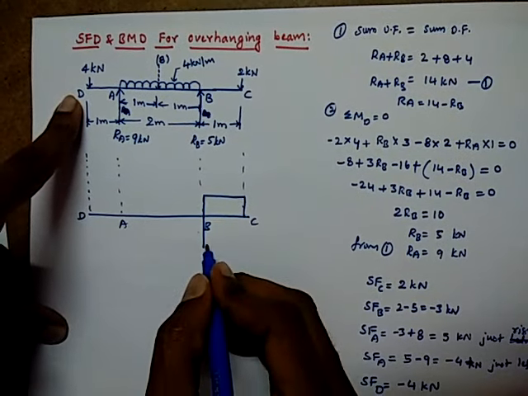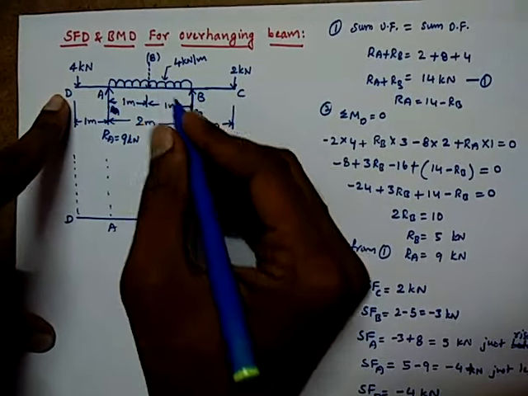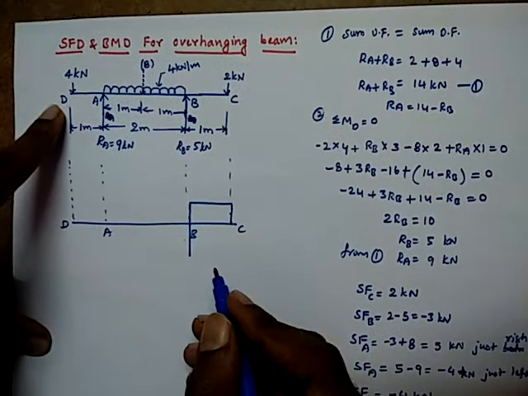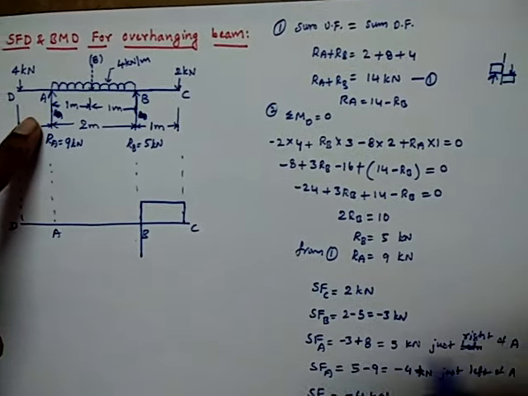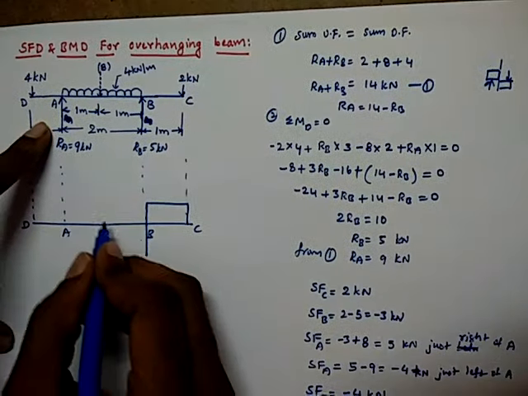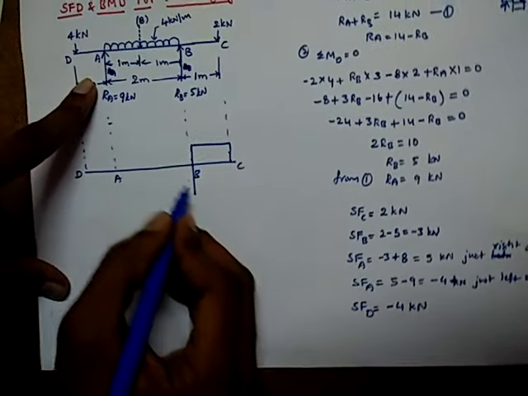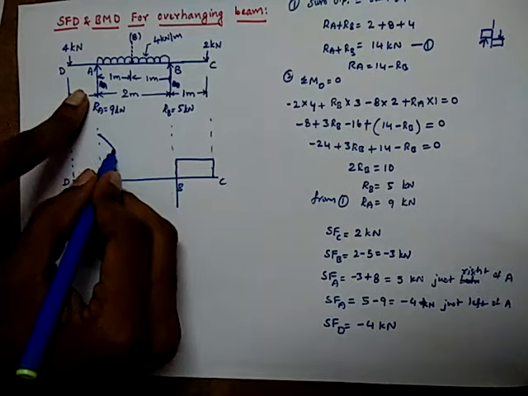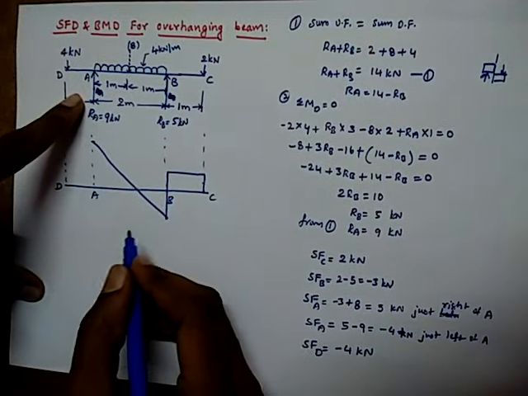Next, from B to A we have a UDL, so it is increasing slowly, so we'll indicate it with an inclined line. Just right of A is 5 kilonewtons, so suppose we take this much as plus 5. So from this minus 3 to plus 5, it will be like this inclined line, because it is a UDL, so it slowly increases.